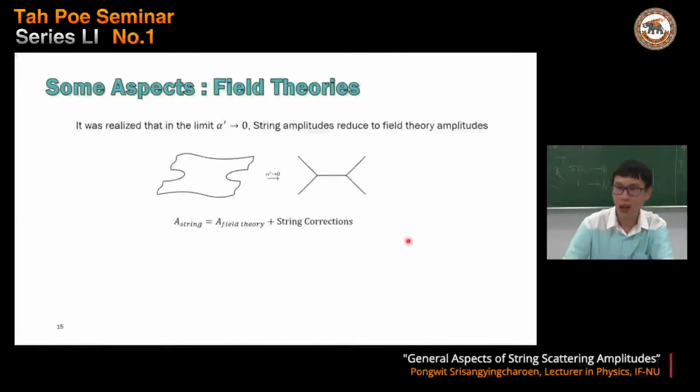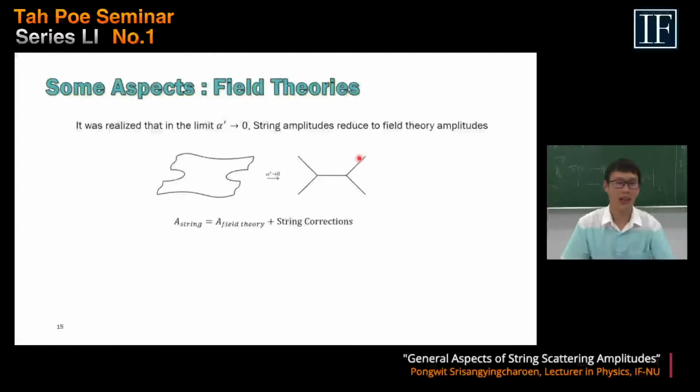It is well realized that in the limit where alpha prime goes to 0, the string scattering amplitude reproduces the field theory amplitude here. You can see in this cartoonish picture that the string scattering reduces to just the Feynman diagram, which means a lot of Feynman diagrams, but I didn't draw them here.